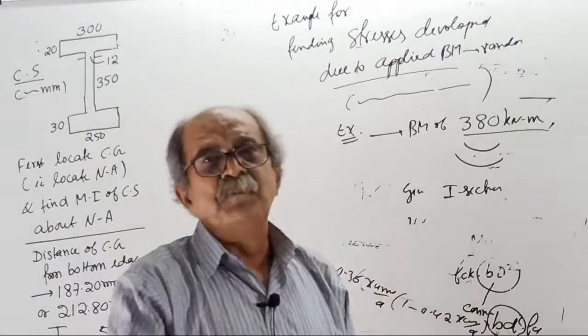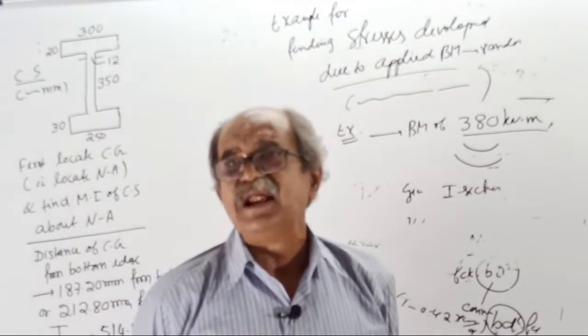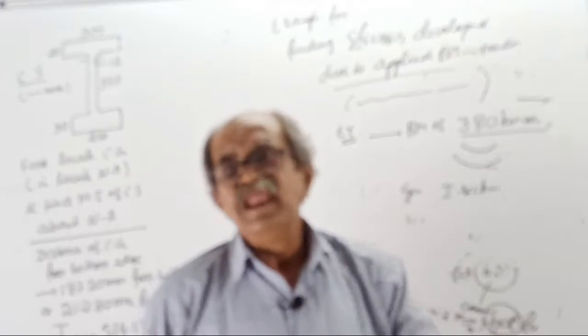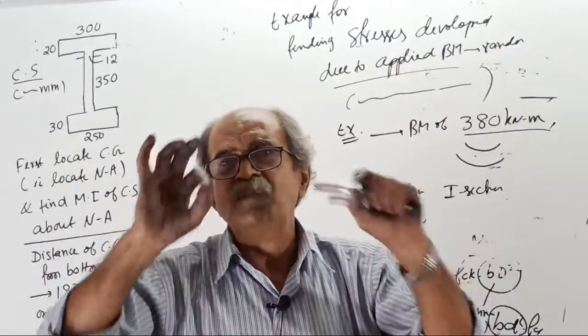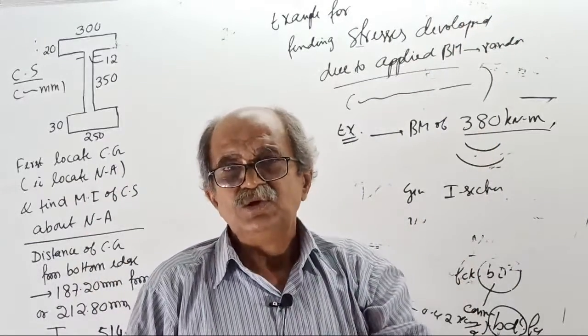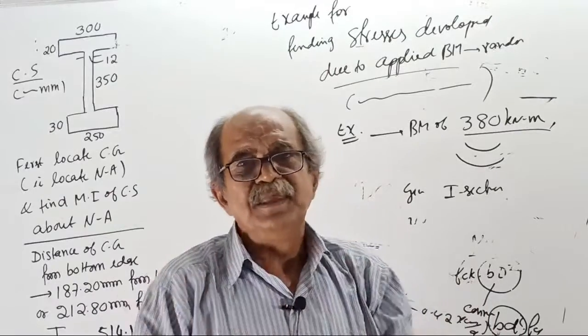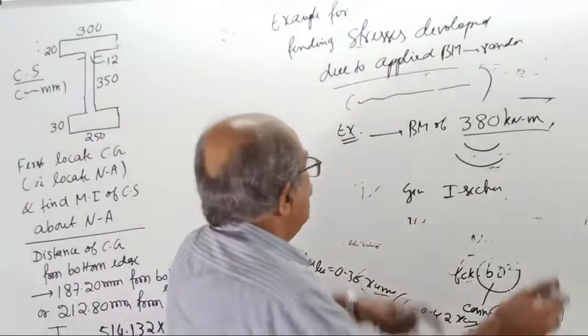If I make it completely clear how to find MR for an unsymmetric I section, then you can solve any question. Then everything will be covered. Controlling top fiber, controlling bottom fiber. Tomorrow full non-stop MR. So today no MR. Apply the BM. I section.